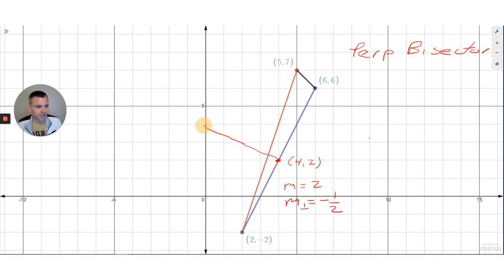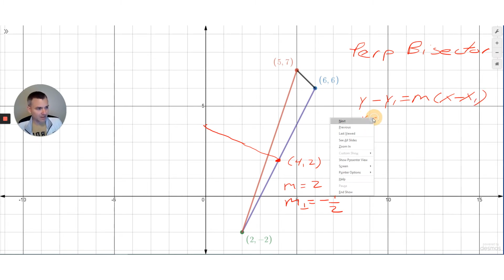But alternatively, we can also just find the equation for that line. In this case, we use point slope: y minus y sub 1 equals m times x minus x sub 1, where y1 is the y coordinate of a point on the line, which is 2 in this case. The slope is -1/2, and x minus 4.